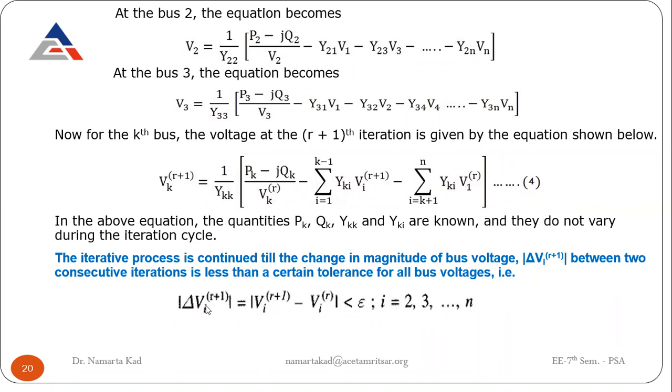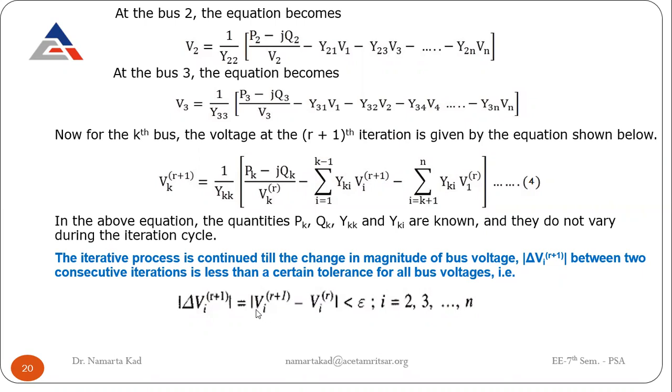That is, delta Vi(r+1) equals Vi(r+1), the current iteration, minus Vi(r) of the previous iteration, and this must be less than some tolerance value. These tolerance values are generally taken as 0.0001, such a little value is taken as the tolerance value.